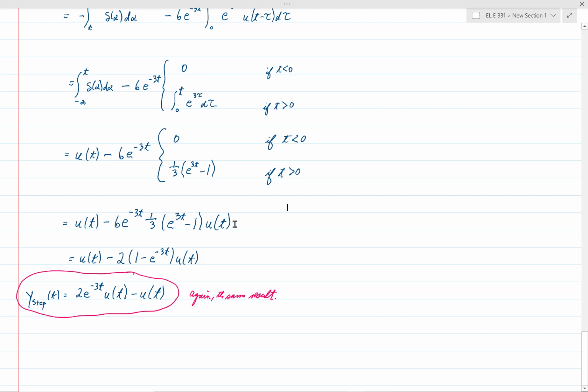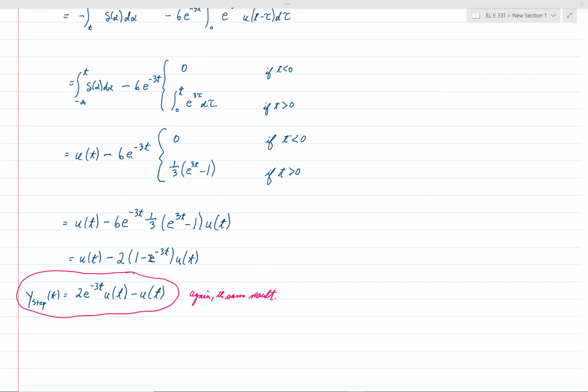Then 6 times 1/3 is 2. So we have u of t minus 2 times, and notice e to the minus 3t times e to the 3t gives us 1, and e to the minus 3t times minus 1 gives us minus e to the minus 3t.